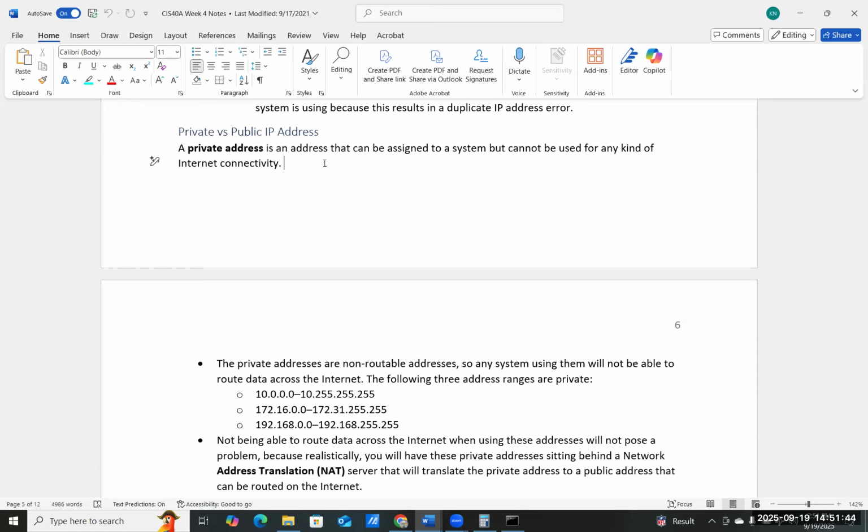The world sees it with that one public IP. But inside your home, you have the 192.168.xxx. You can have many. So in a network, you see that it resolved to the public IP address from the private through that router.